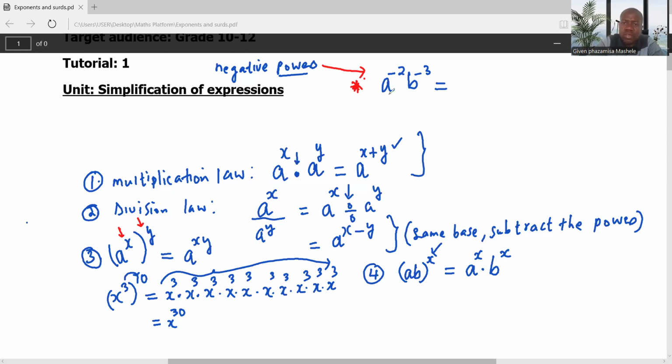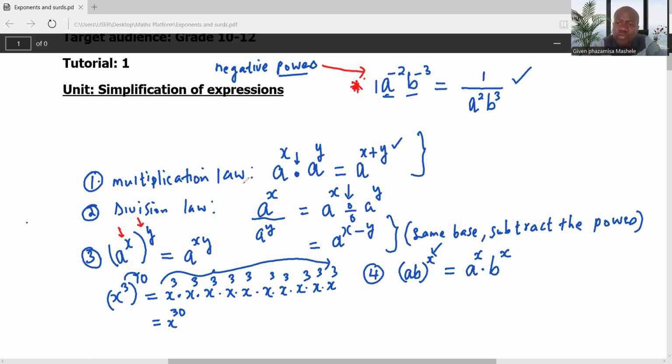Because both a and b have negative powers, to change them we remain with a 1 at the numerator, and we have 1 divided by a to the exponent of 2, and also b to the exponent of 3. So this will be the answer.